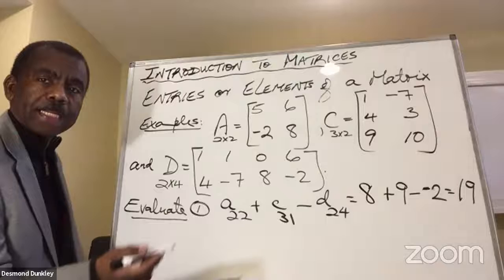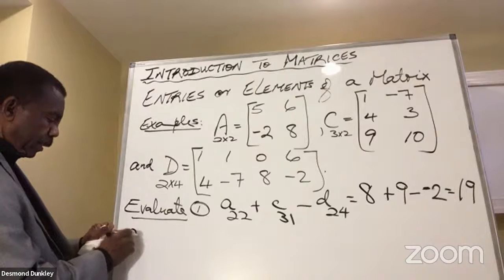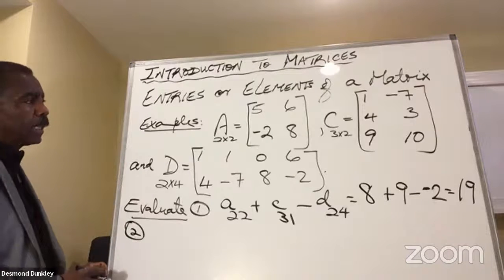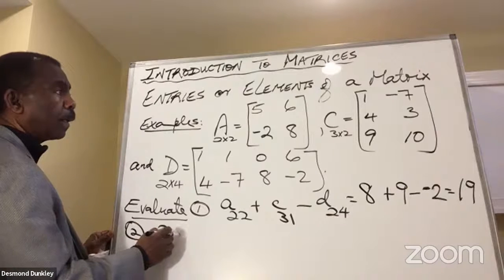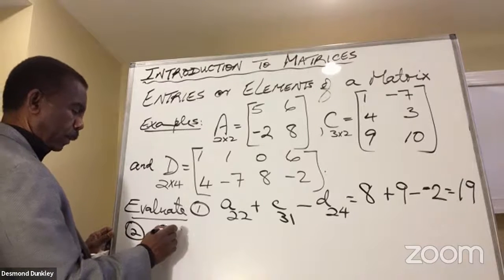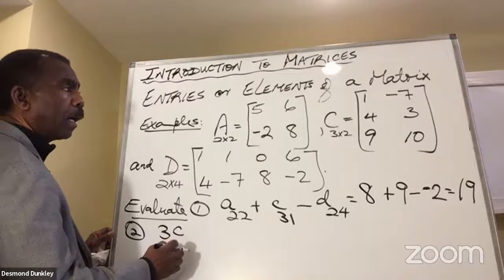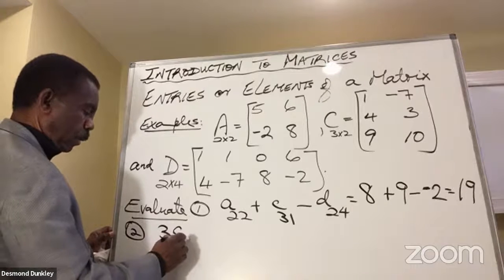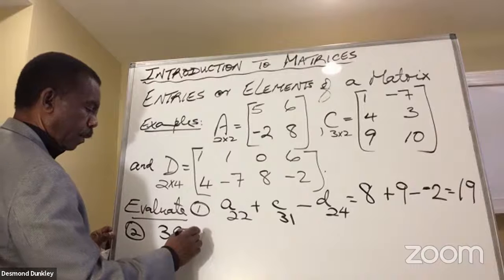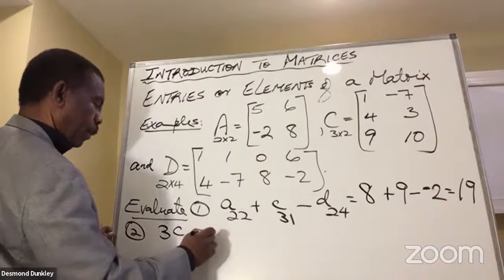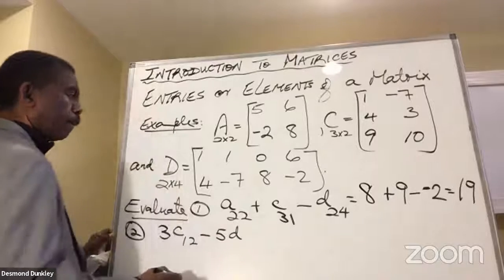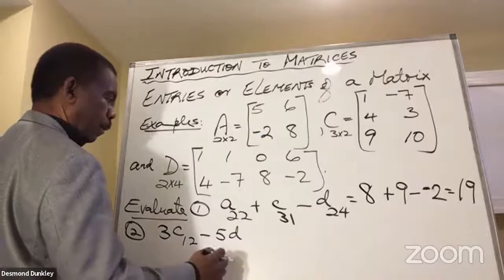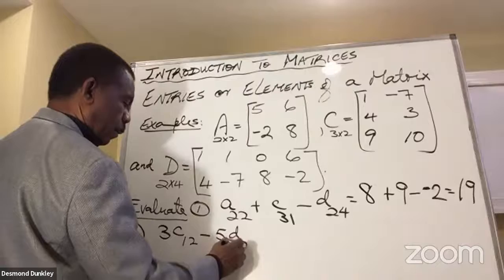Okay? Another example you could have is question 2. It could say, what is 3C12 minus 5D23?